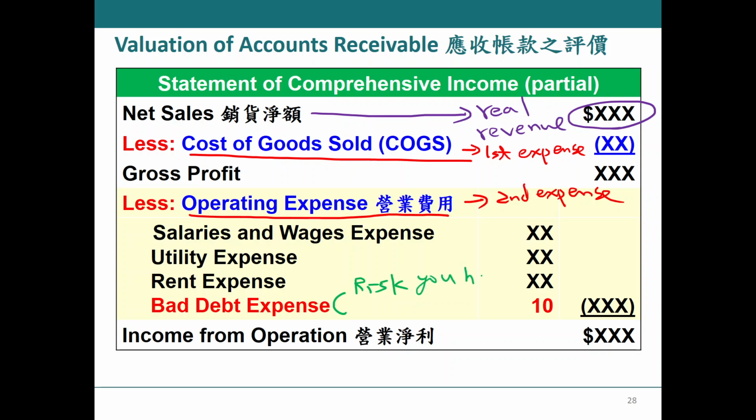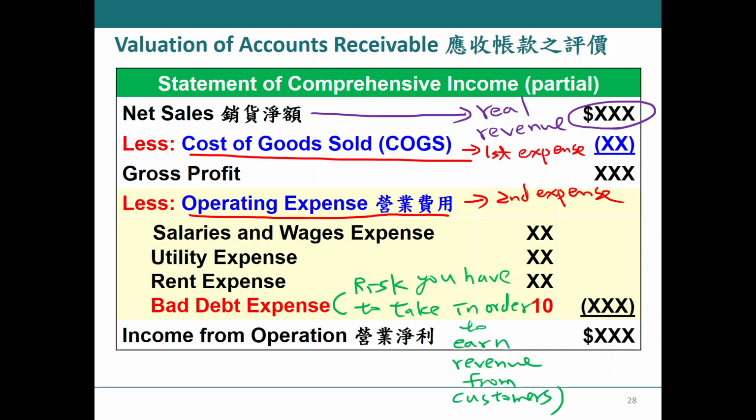You have to take it in order to earn the revenues from customers. Okay?